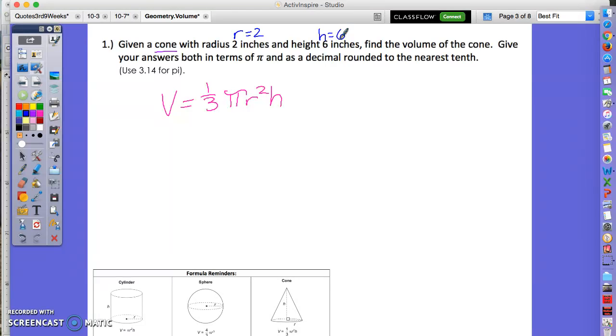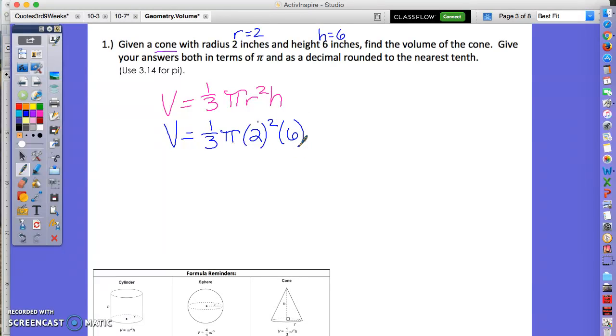Give your answers both in terms of pi and as a decimal, rounded to the nearest tenth. So guys, for finding the volume here, all we're going to need to do is substitute. Volume equals 1/3 times pi times 2 squared times 6.